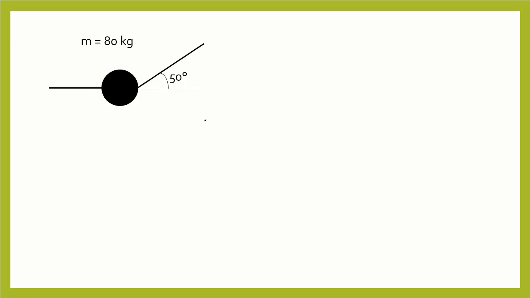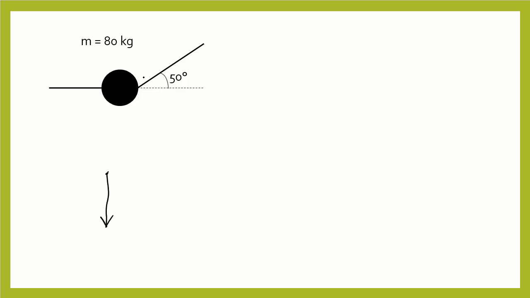So let's look at a few examples. Here I have that wrecking ball again. So if I have a ball of mass 80 kilograms that is stationary, and it's got two cables, one going this way and one going that way, and I want to find the tension in those cables, the first thing I would do is to draw a free body diagram.